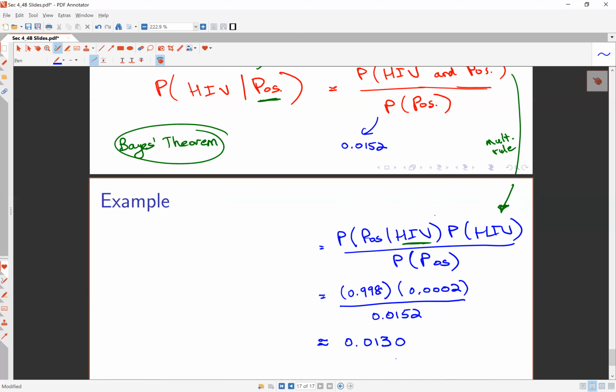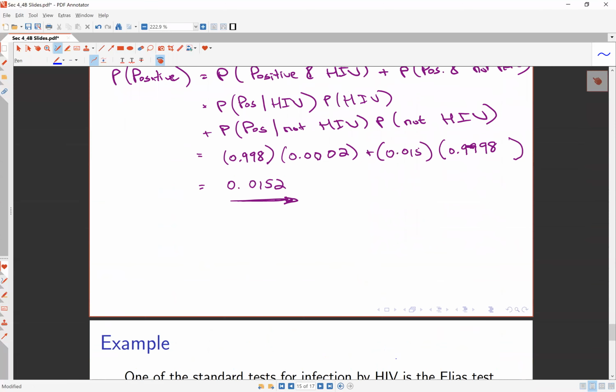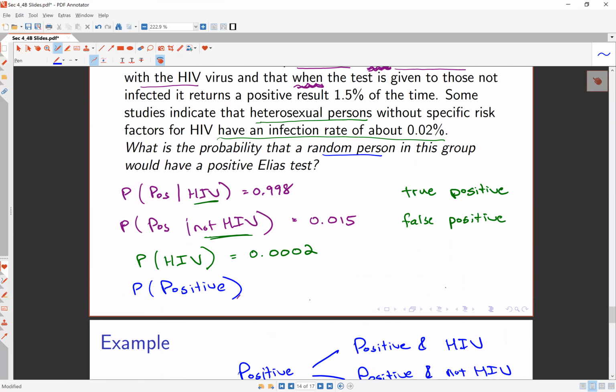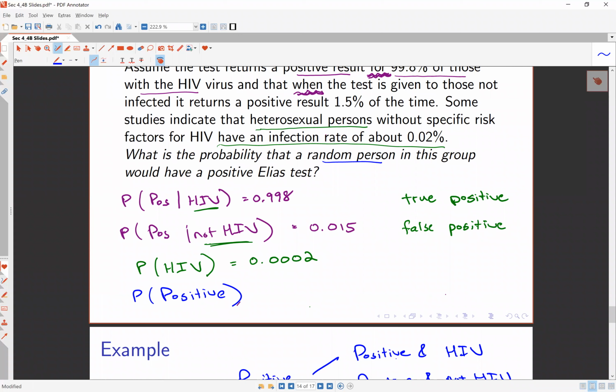Suddenly it looks like the test is not that good, so what's going on? The test had a true positive rate of 99.8% and a false positive rate of 1.5%. Those are really good numbers for a test.